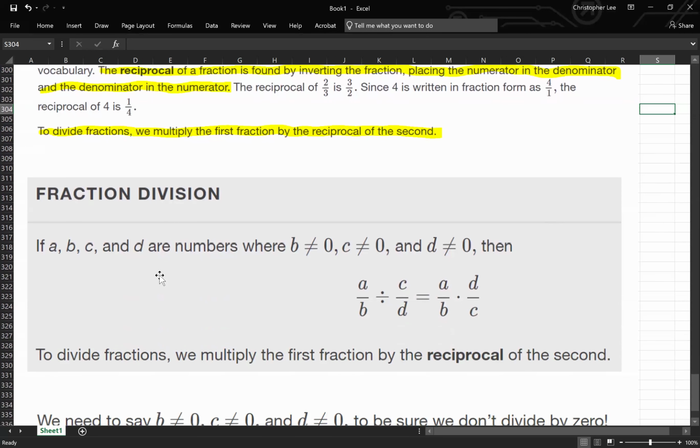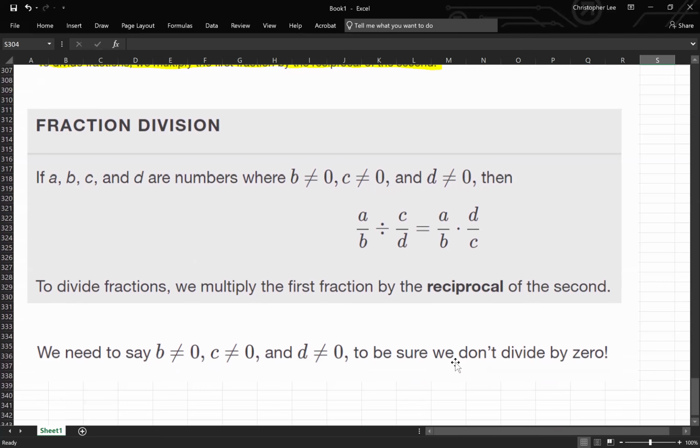If A, B, C, and D are numbers where B cannot equal 0, C cannot equal 0, and D cannot equal 0, then A over B divided by C over D is equal to A over B times D over C. This is keep change flip, right? Keep the first fraction, change the division to multiplication, flip the second fraction. To divide fractions, we multiply the first fraction by the reciprocal of the second.